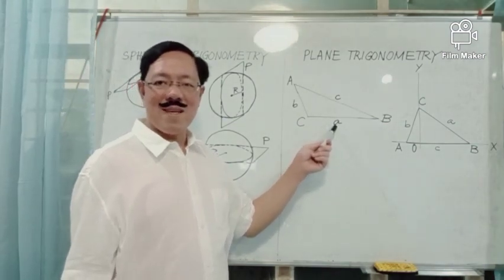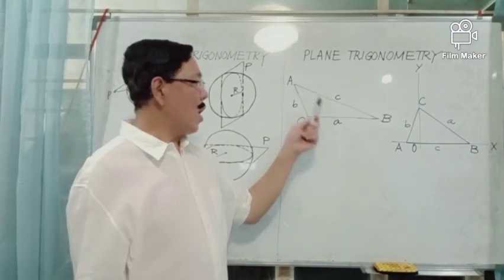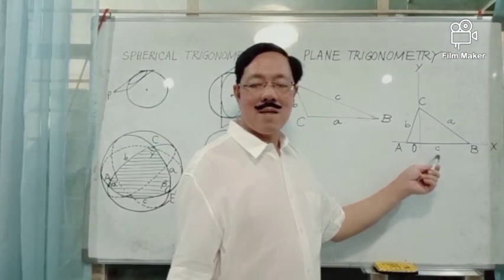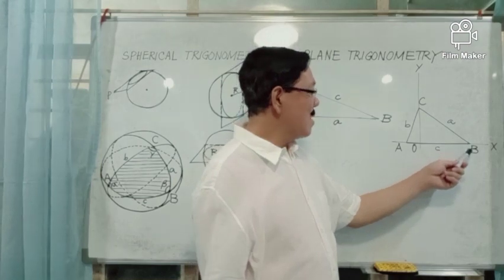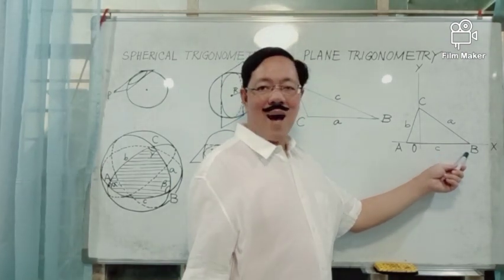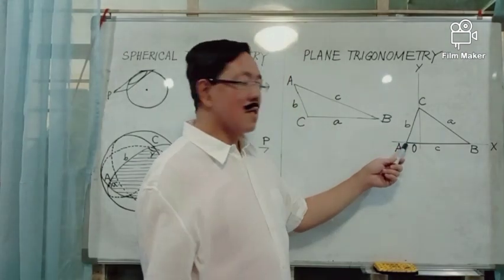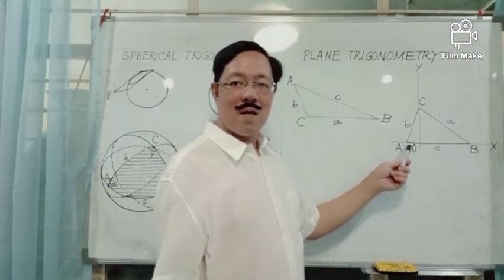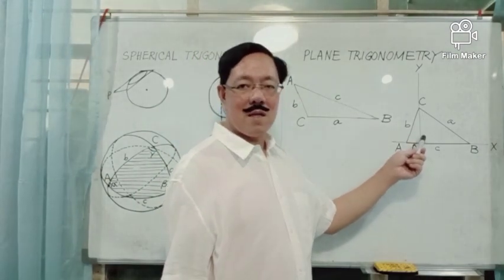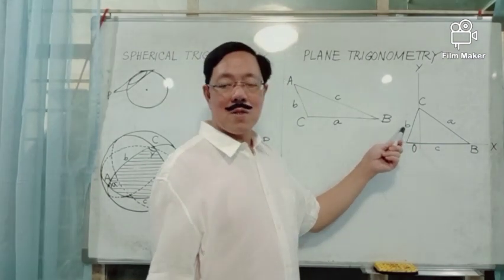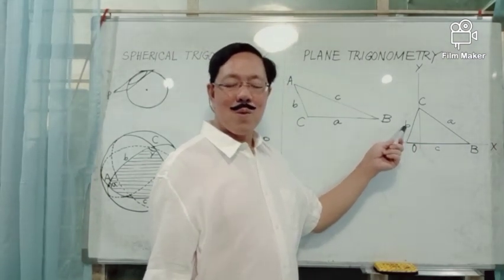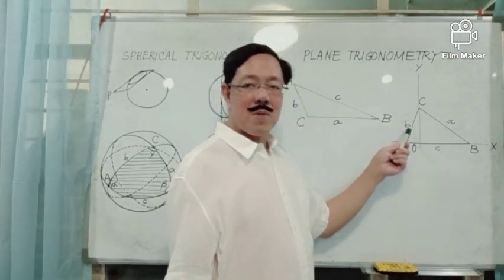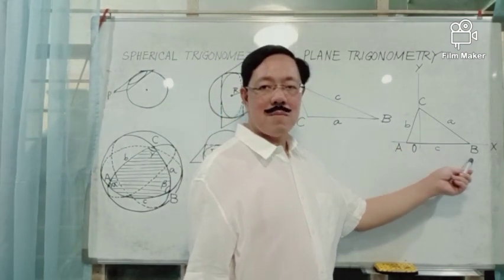Or we simply say small a is the side opposite angle A. In this plane triangle in the Cartesian plane, the side opposite angle B is the line segment through the vertices A and C of this triangle, and its length is denoted by small b. Or we simply say small b is the side opposite angle B.